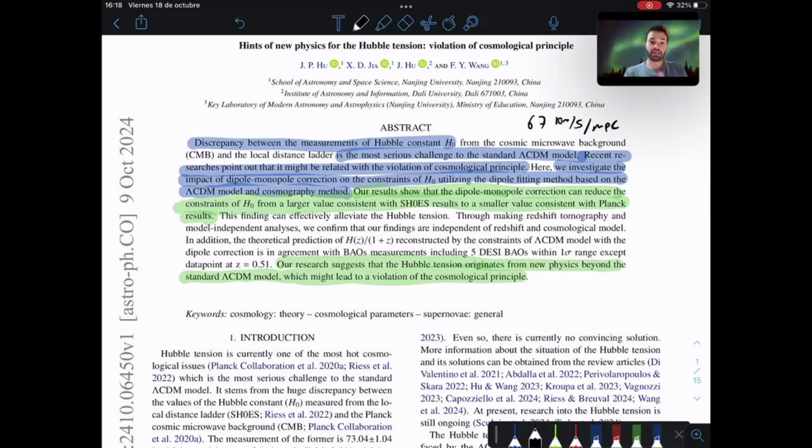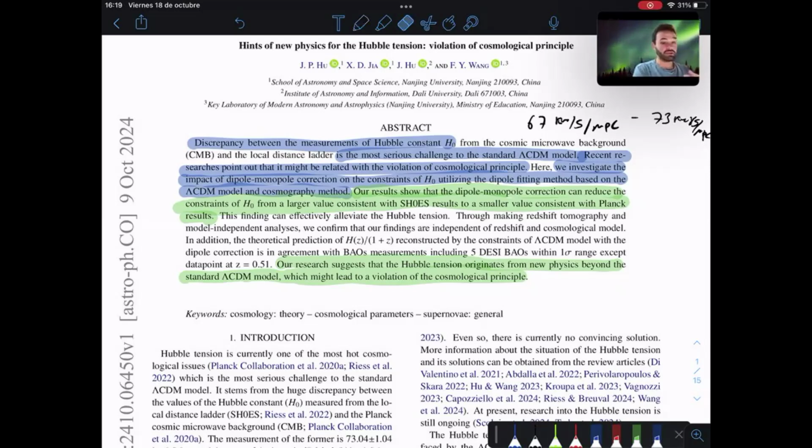Then with late time universe physics, specifically with distances of supernovas, where supernovas are just stars that explode and have a specific luminosity that allows us to find the distance to us, those experiments find about 73 kilometers per second per megaparsec. And the difference is not that big. The problem is it's outside the error bars, because the error bars are getting smaller and smaller for both of these probes.